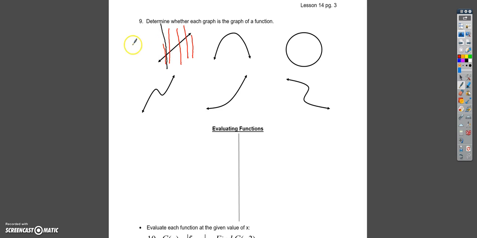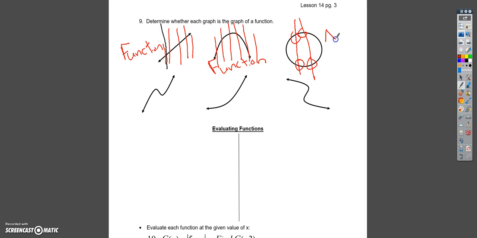No, so this is a function. This one? Vertical lines, vertical lines, vertical lines. This is a function. Here crosses here and here. That's supposed to be vertical up and down. Crosses here and here. So this is not a function.